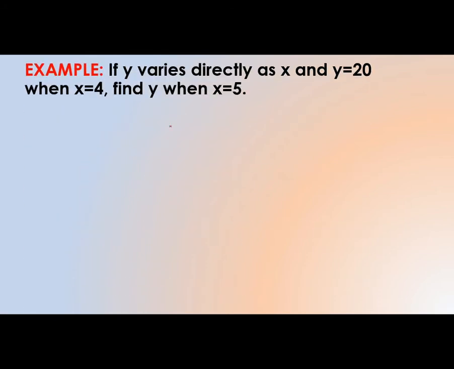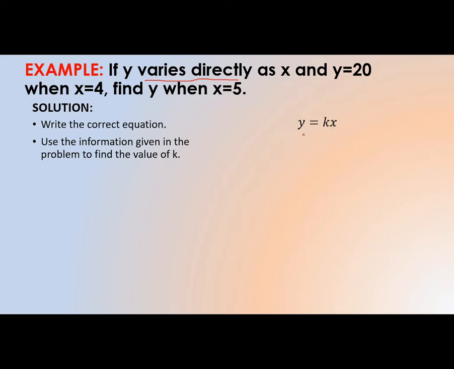So after translating, we can now find the values of variables. Okay? If y varies directly as x, and y is equal to 20 when x is 4, find y when x is 5. First, we need to write the correct equation. Since it varies directly, we write it as y equals kx.